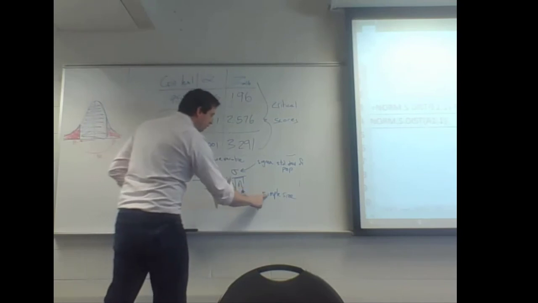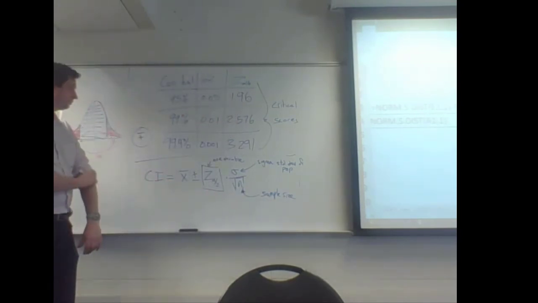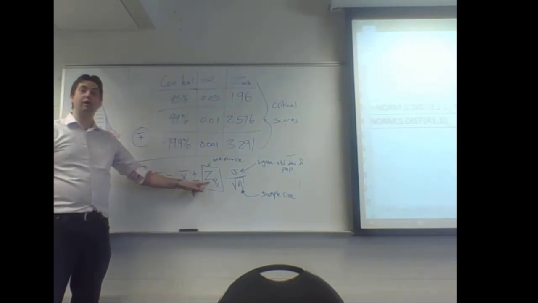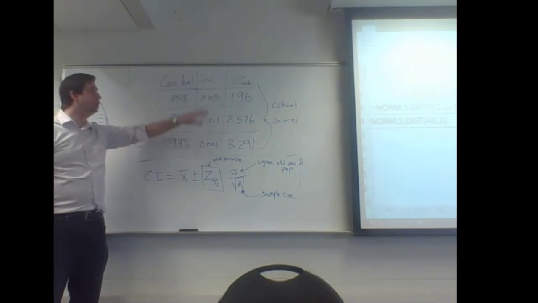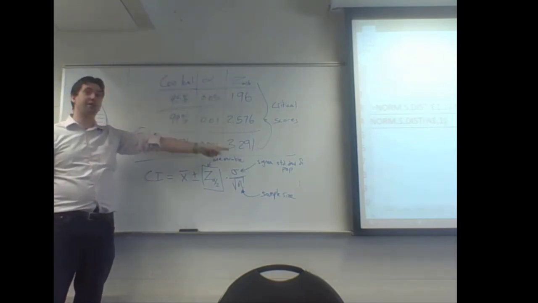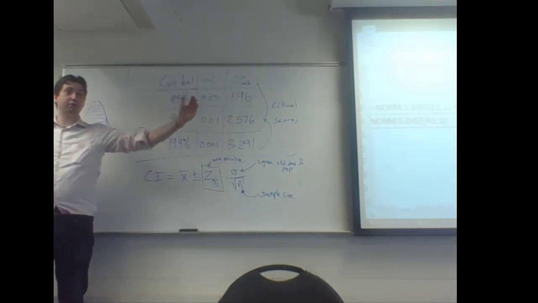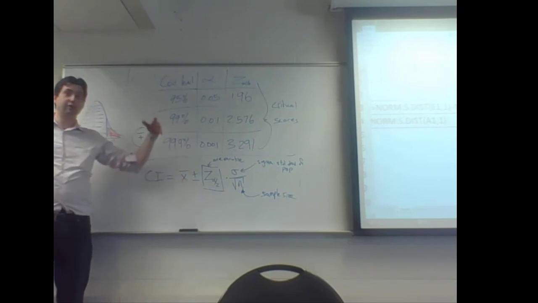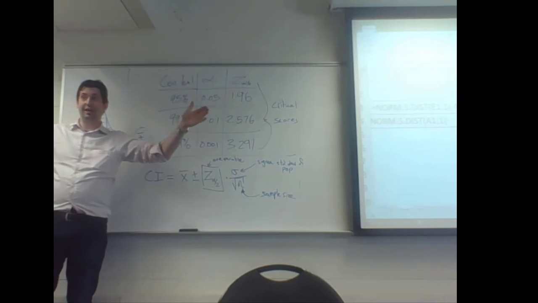Appreciate the intuition as to how this works. Why this makes sense: naturally, as you increase the z-score, as you decide to have a lower and lower alpha, you are going to have a higher and higher z-score, which means your confidence interval is going to get wider and wider, because you are trying to say, I'm certain I know where this thing might land.